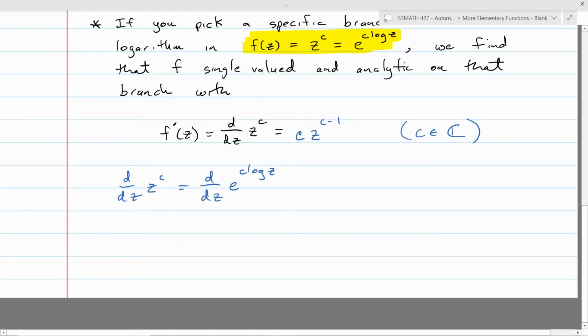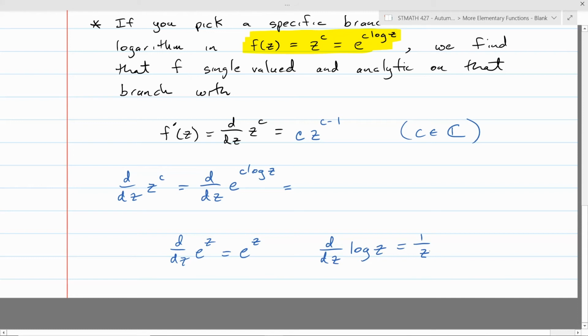But we already know from before that the derivative with respect to z of e to the z is e to the z. So we can apply that along with the chain rule here. Now, we're restricting to a single branch of the logarithm. It doesn't matter what branch, but we know from before that if we restrict a logarithm to a branch, we can compute the derivative of the logarithm as well. And the derivative of the logarithm restricted to a branch is 1 over z. Again, it doesn't matter what branch you use.